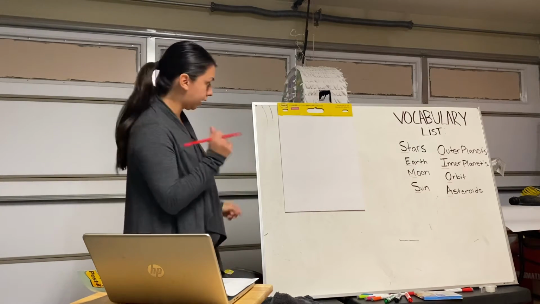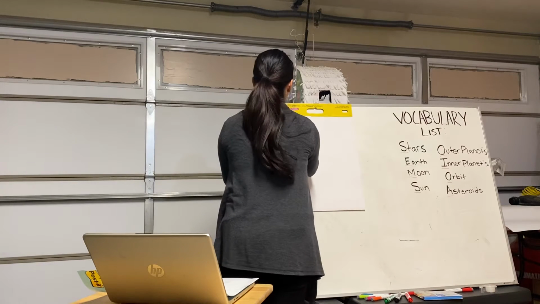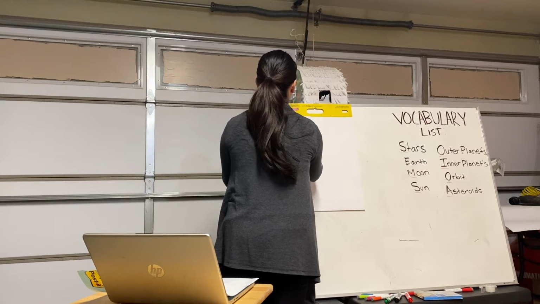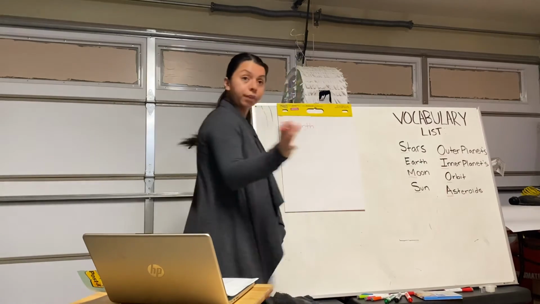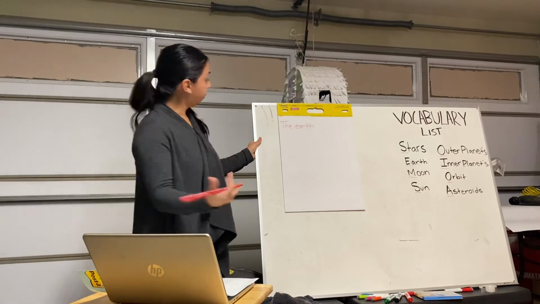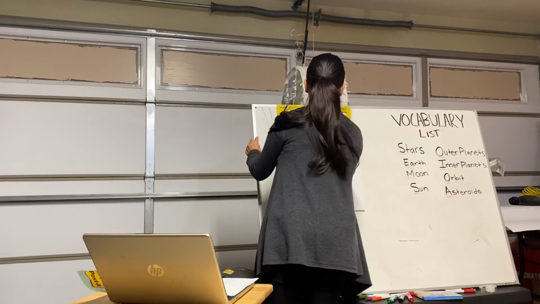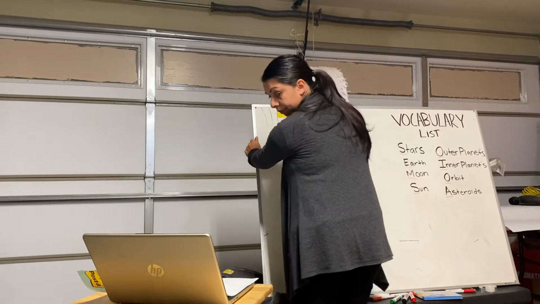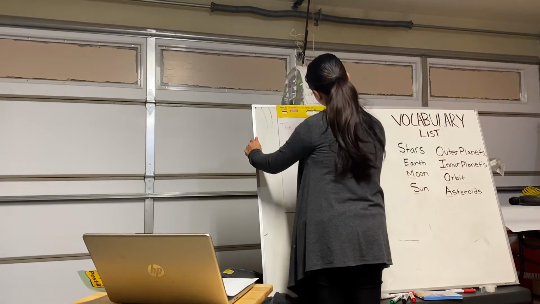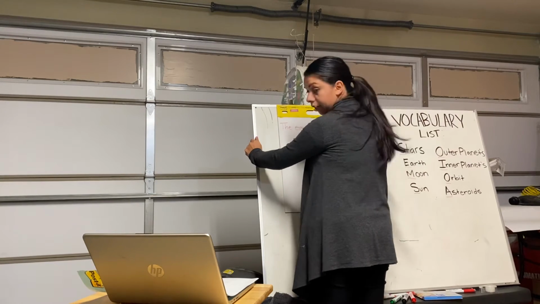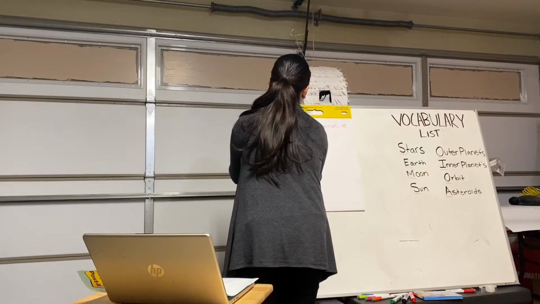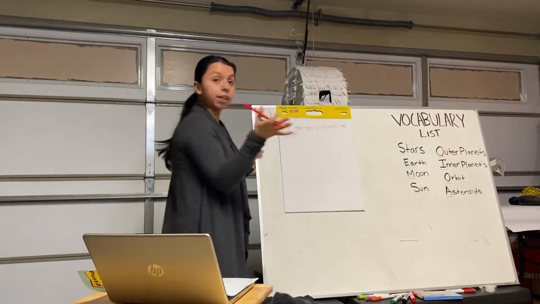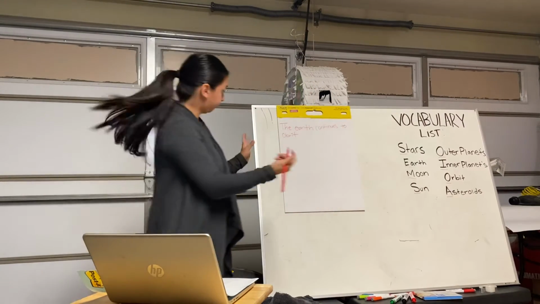So this is going to be my sentence: the Earth continues to orbit. So the Earth continues to orbit around the sun, okay?